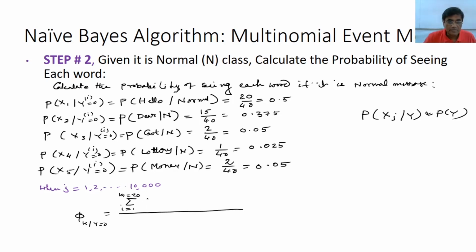So we will be using the indicator function concept. j equals 1 to n, equal to 5 here.